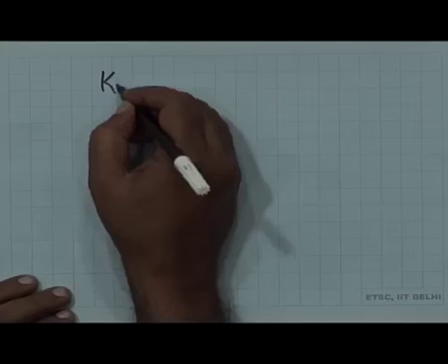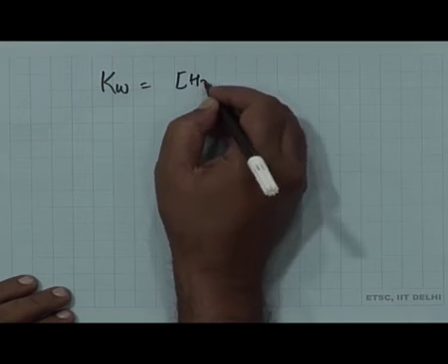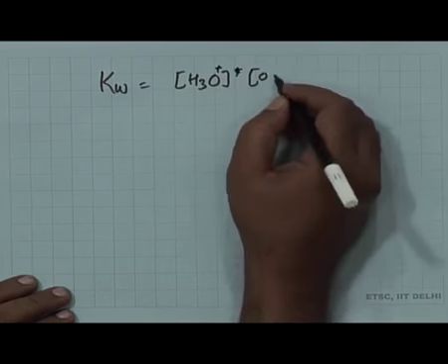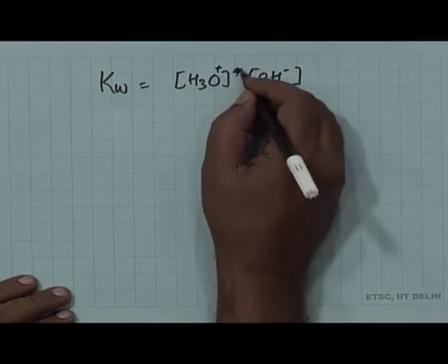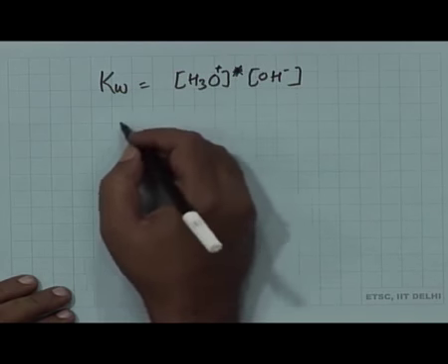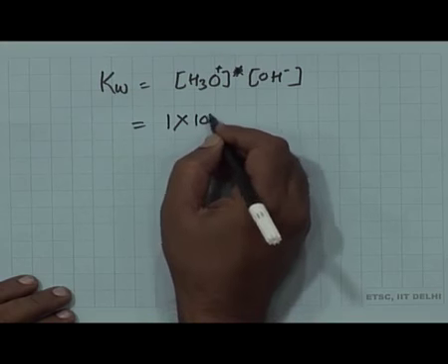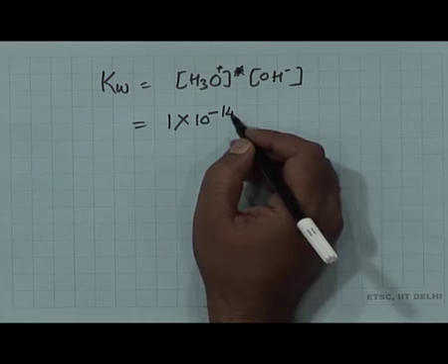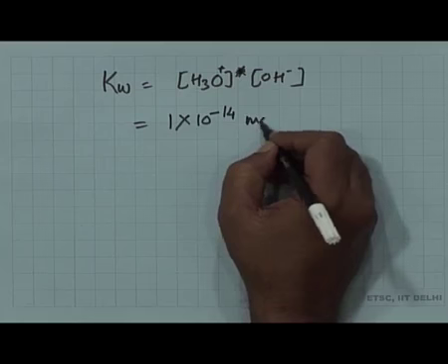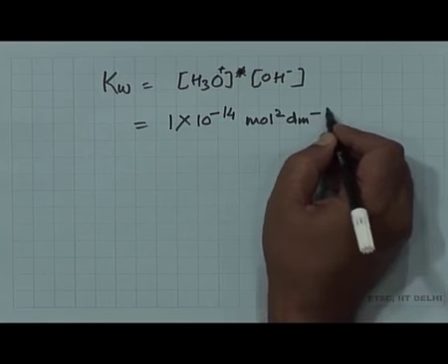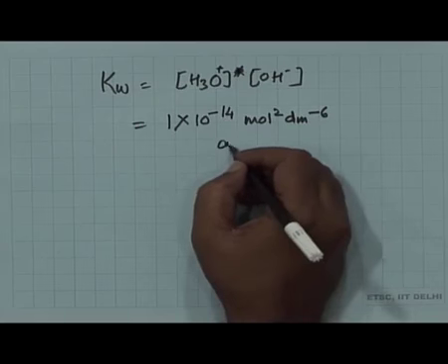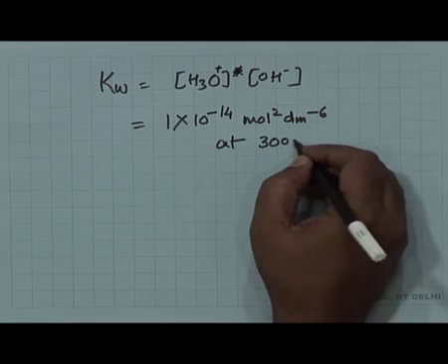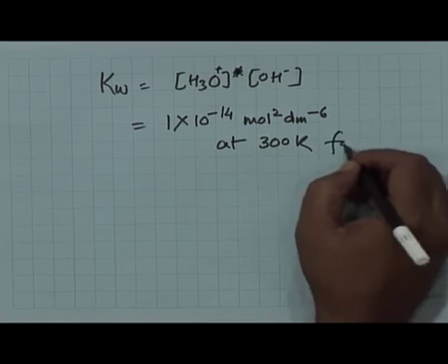So, Kw is equal to [H3O+] into [OH-] ion concentration, and this is equal to 1 into 10 to the power minus 14 mole square dm to the power minus 6, at 298 Kelvin basically, for pure water.